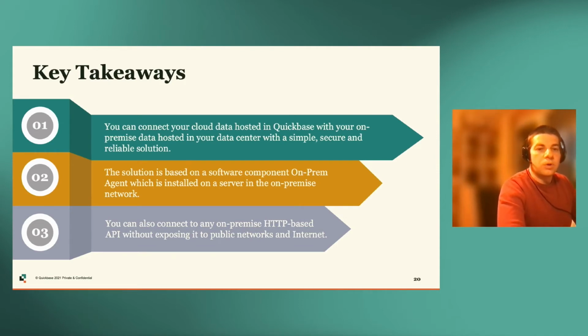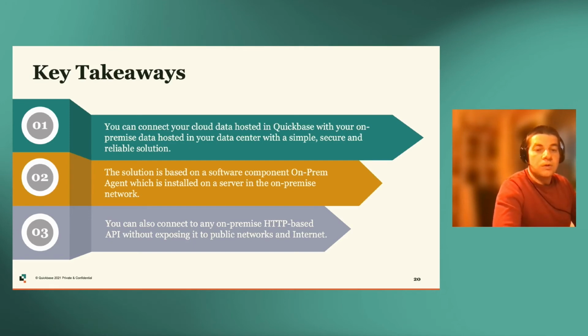The next key point is that the solution is based on a software component, the on-premise agent, that is installed on a server that just needs to have accessibility to the local resources that are needed. And this gives you both the simplicity of installation and the power to control the communication of this on-premise agent and have explicit control over the data which is flowing there.